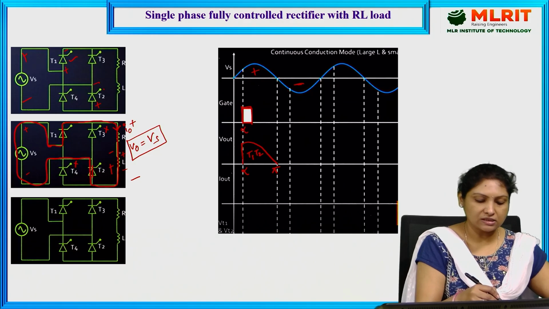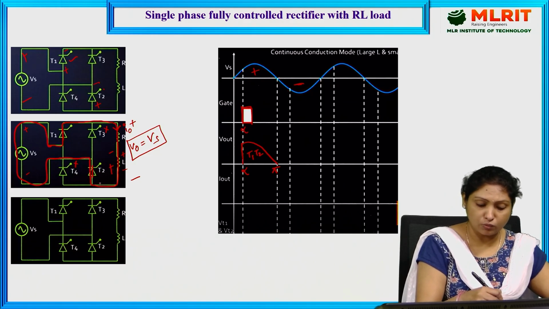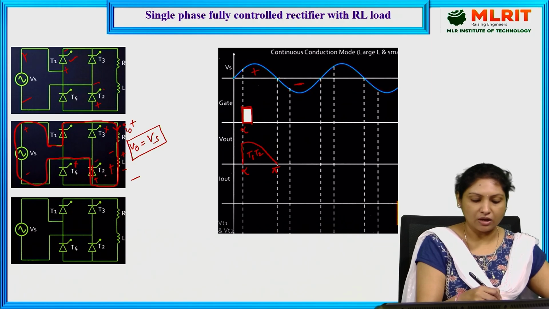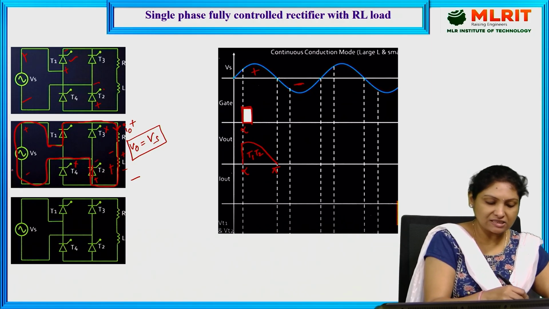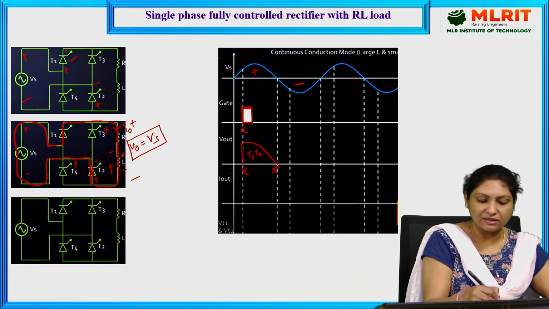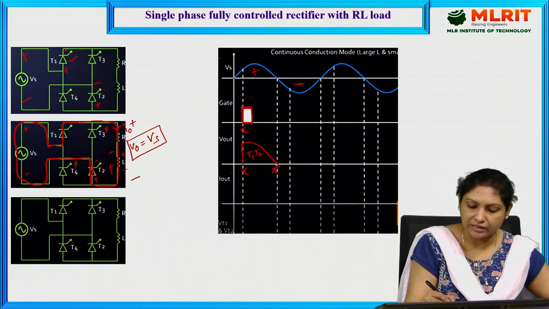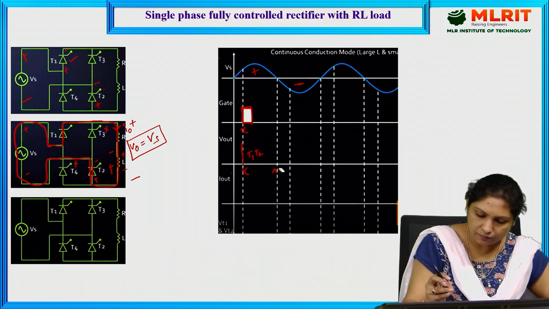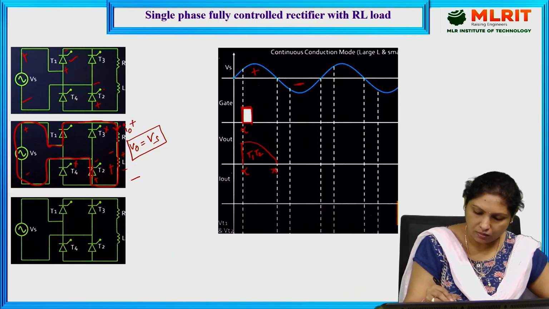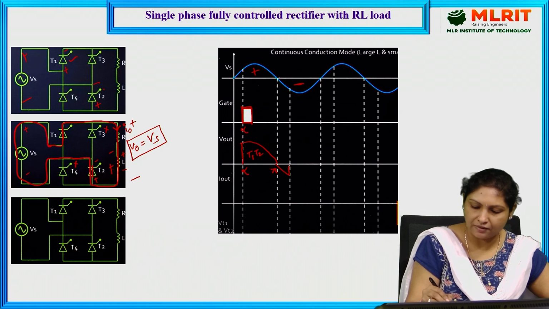So that is the reason, because of the positive polarity applied across the anode of thyristor 2, T2 and T1 are still conducting current through the load in the same direction. That is how we are getting the negative spike right from pi to pi plus alpha.